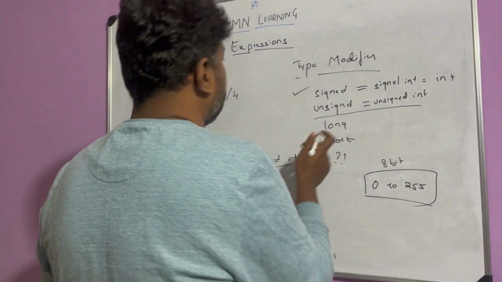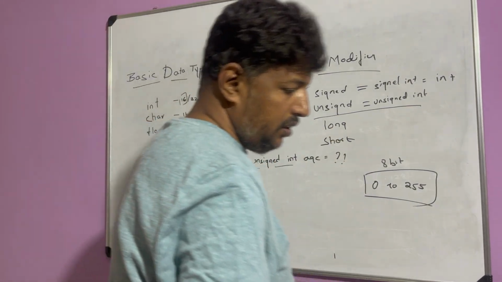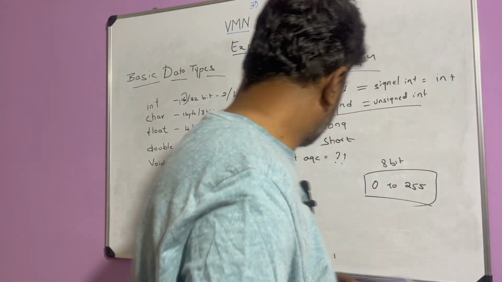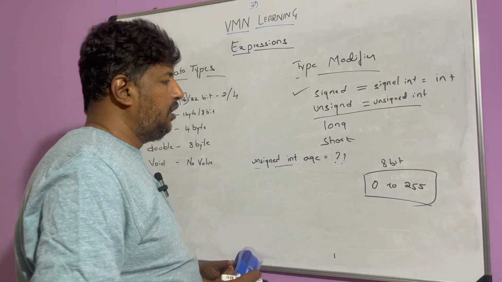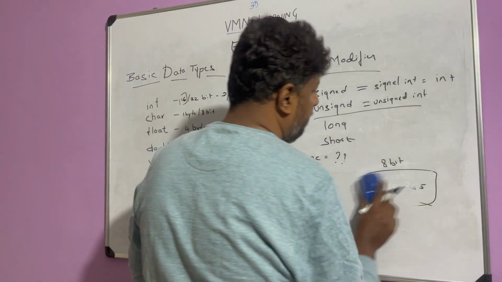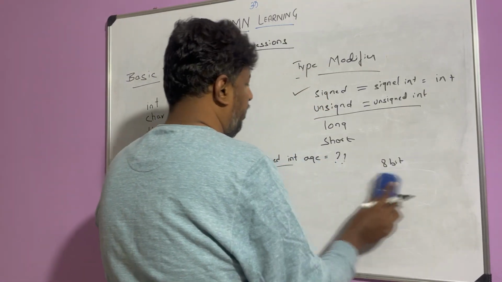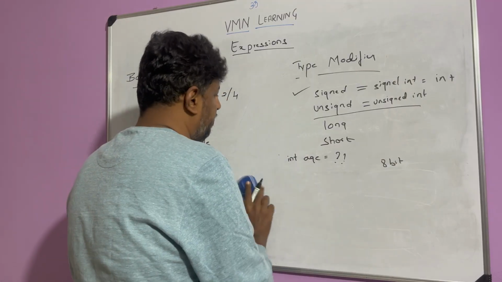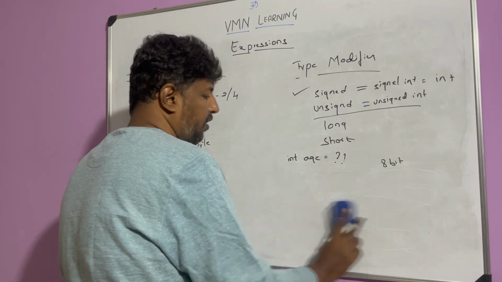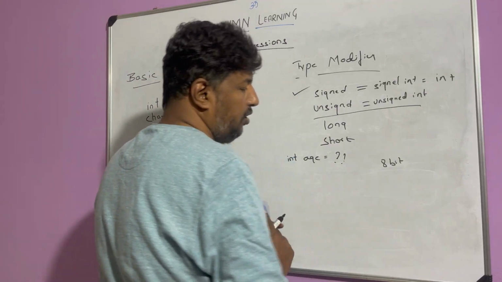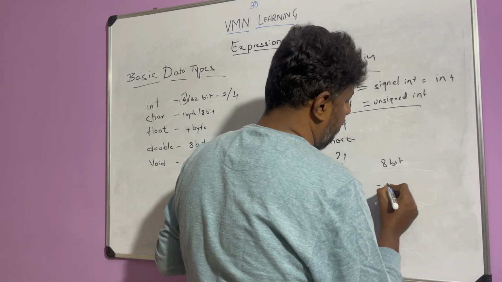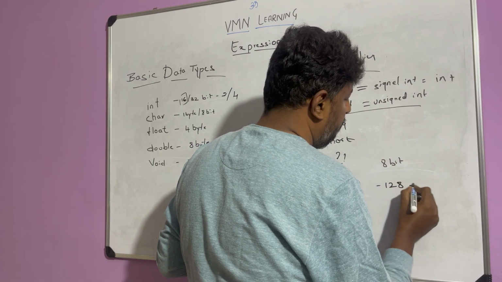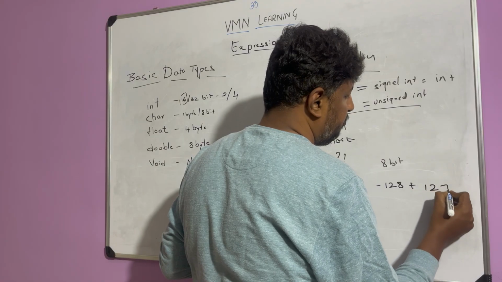Consider an 8-bit machine. We had a similar issue: if I give an integer, it is a signed integer, so our range is minus 128 to plus 127.